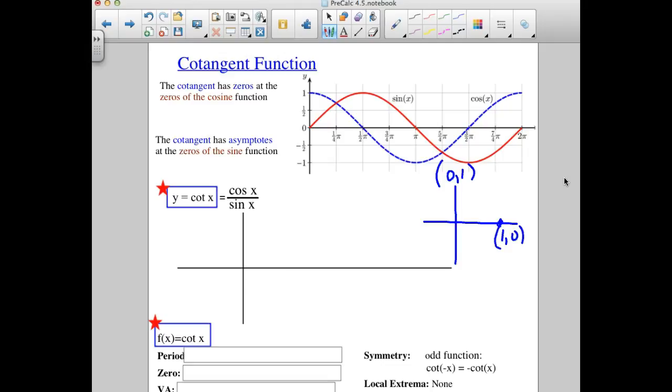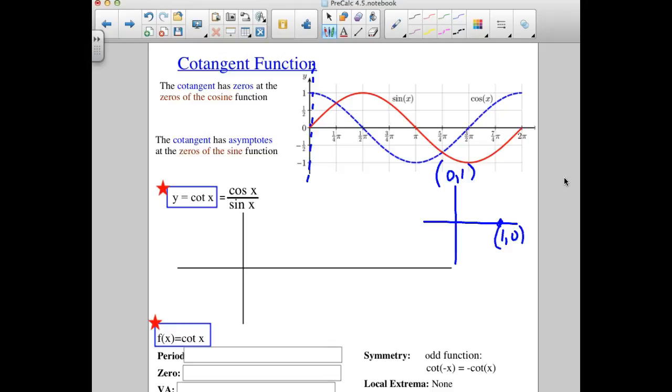Cotangent is cosine over sine, right? So 1 over 0, undefined. So at 0, we are undefined. We'd have a vertical asymptote, because I'm trying to divide by sine, and sine is 0 here. Doesn't work.